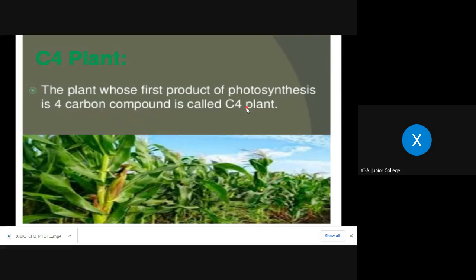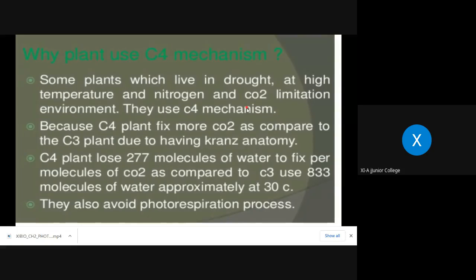I told you, some of the plants which live in drought, at high temperature and nitrogen and CO2 limitation environments use the C4 mechanism. Wherever there is less availability of CO2, these plants can also produce food material with the help of photosynthesis. That means photosynthesis takes place with a lesser amount of CO2.